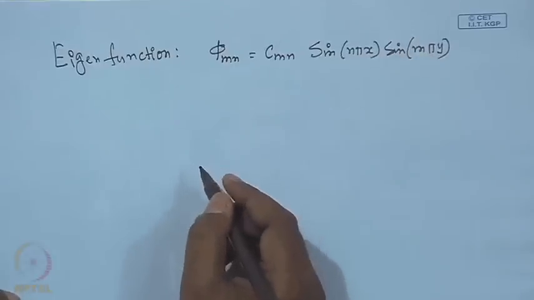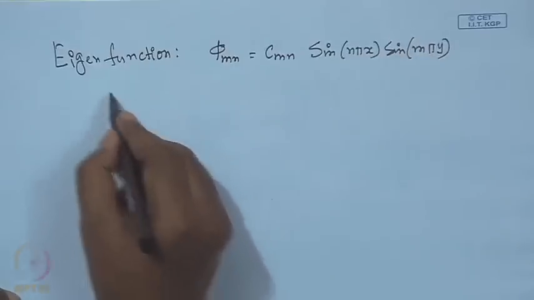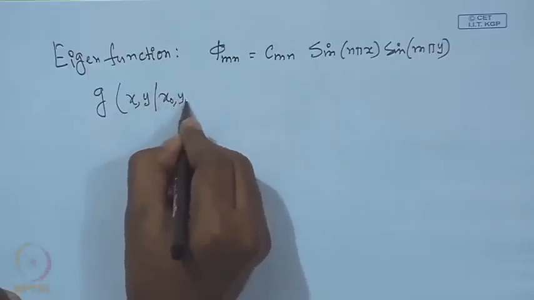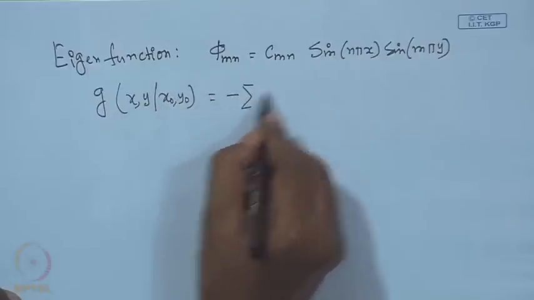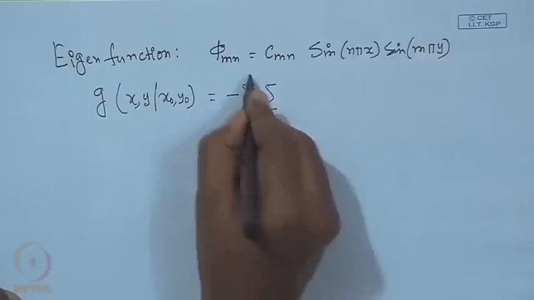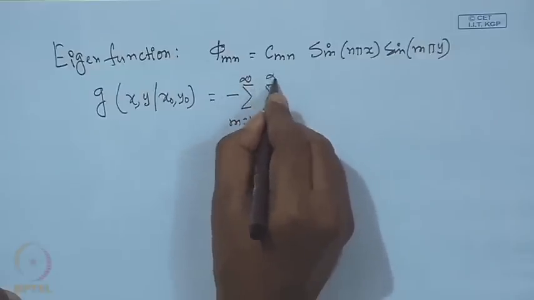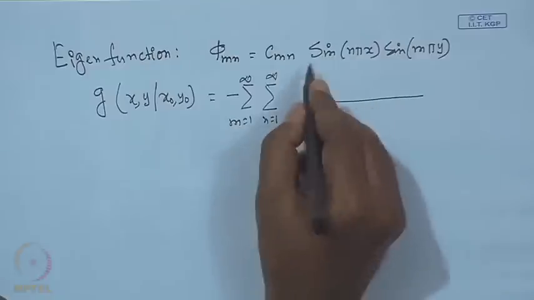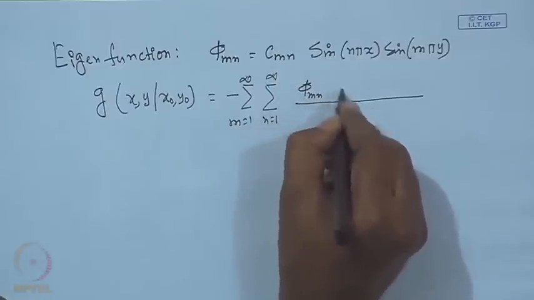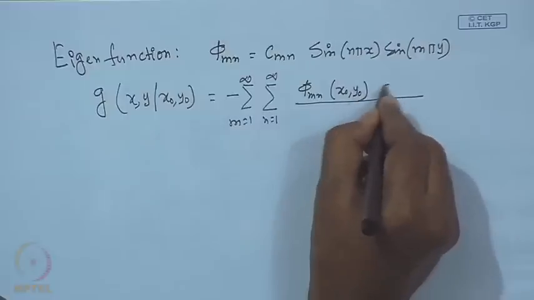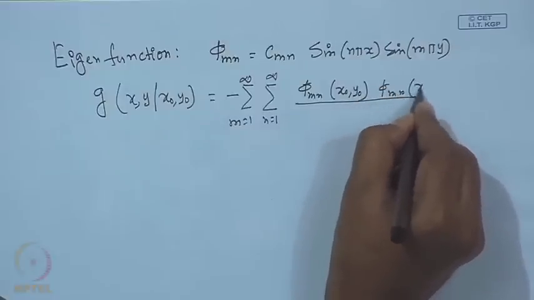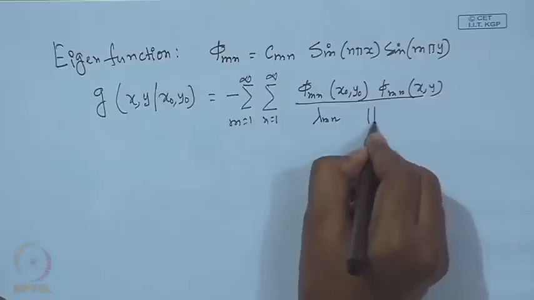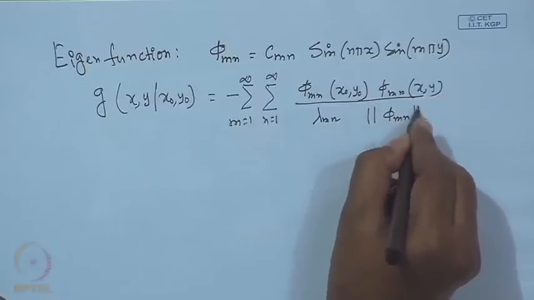So, we can construct the expression of Green's function. So, this will be G x y, x naught y naught is equal to minus a double summation, one index over m and one over n, both m and n run from 1 to infinity. So, this will be phi m n x naught y naught phi m n x y divided by lambda m n norm of phi m n square.